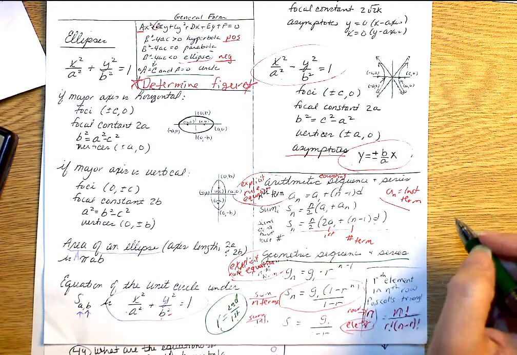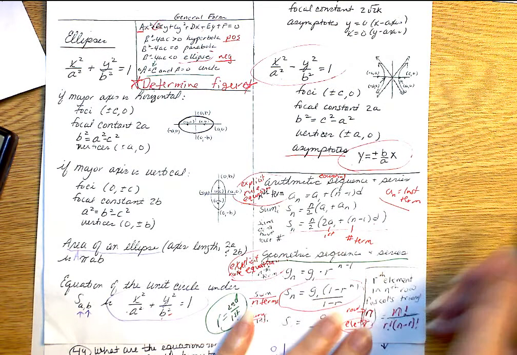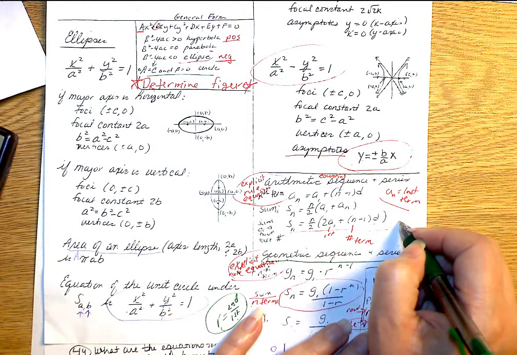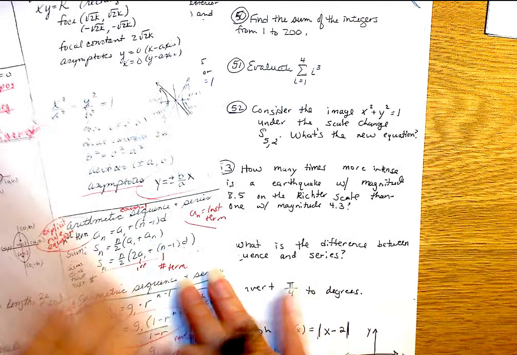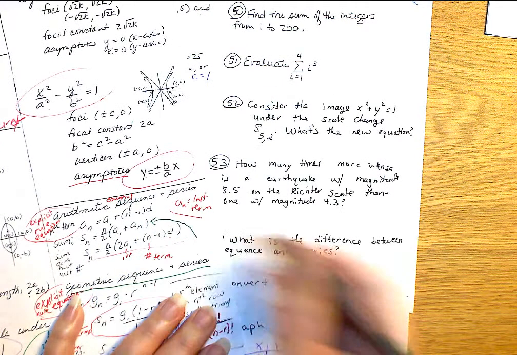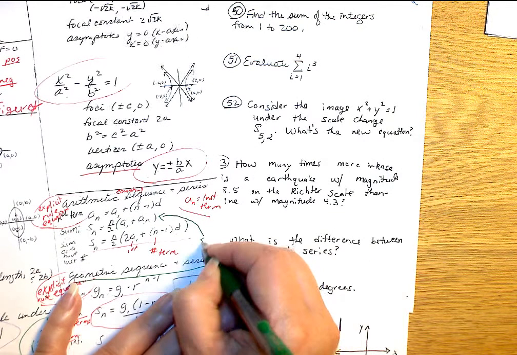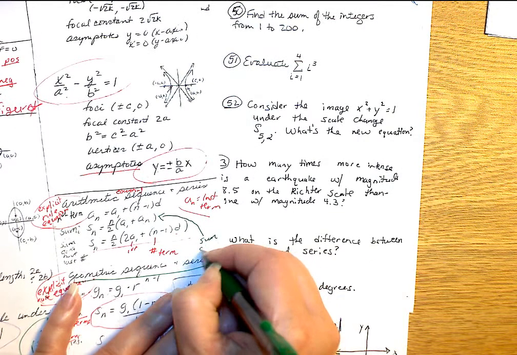So if you did not know, what I would do maybe is put an arrow there. And I would write maybe like the sum of integers.